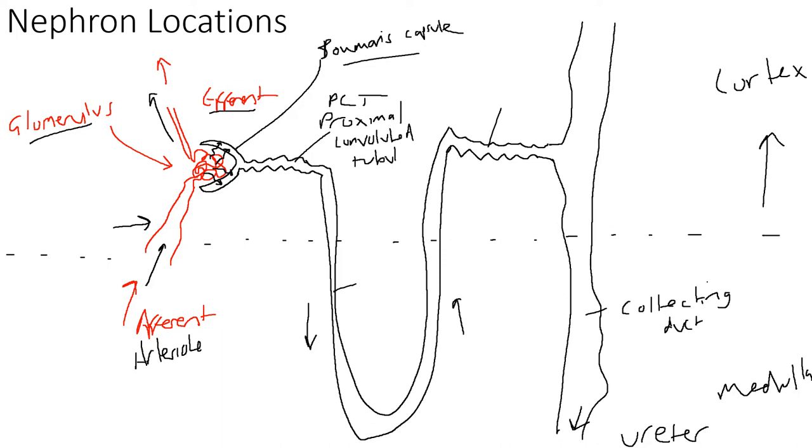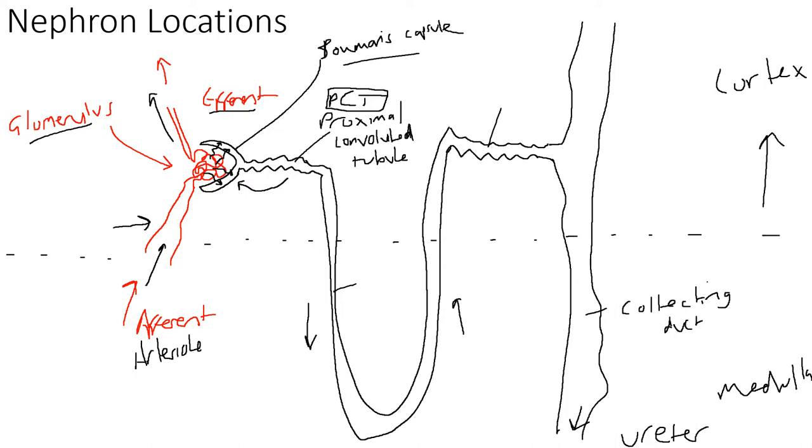I'm afraid I'm drawing with a mouse, so it's not very accurate. Convoluted, and that's a D, would you believe? Tubule, proximal convoluted tubule. Proximal, you should remember from skeleton and muscles, means near, and it's near to the Bowman's capsule. So the little tube coming off the Bowman's capsule is definitely the proximal one.